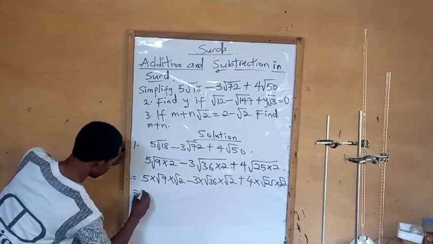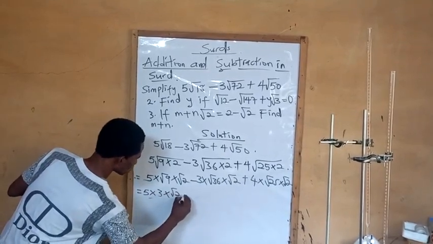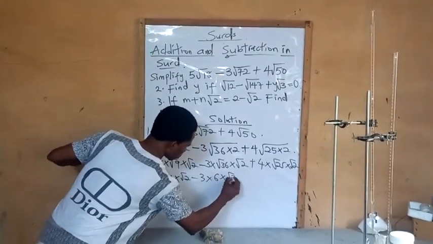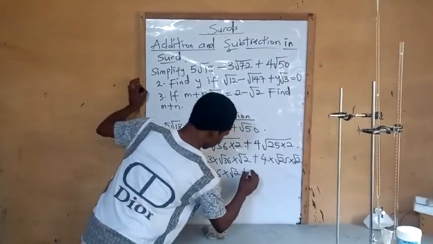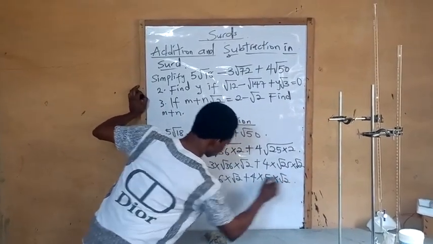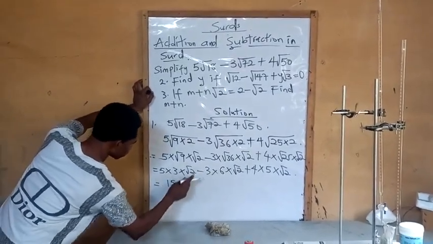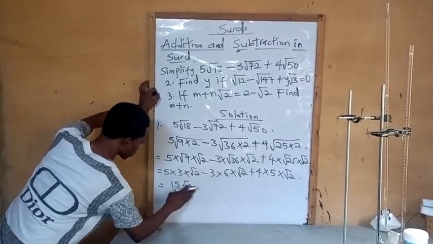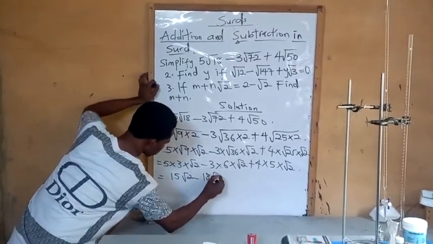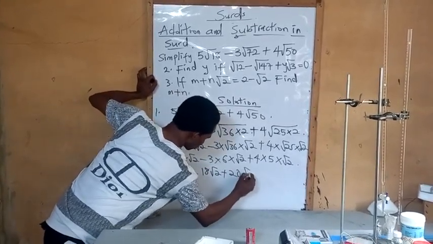That is 5 times also root 9, 3, times root 2, minus 3 times also root 36, 6, times root 2, plus 4 times also root 25, 5, times root 2. That is 5 times 3, that is 15 root 2, minus 3 times 6, 18 root 2, plus 4 times 5, 20 root 2.